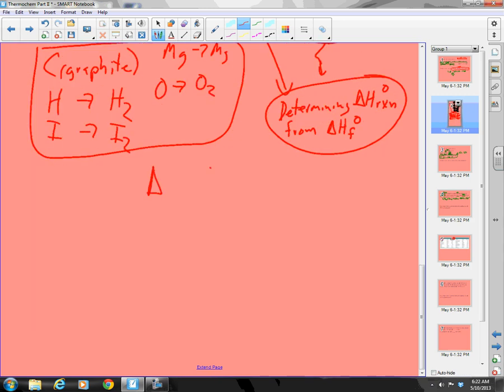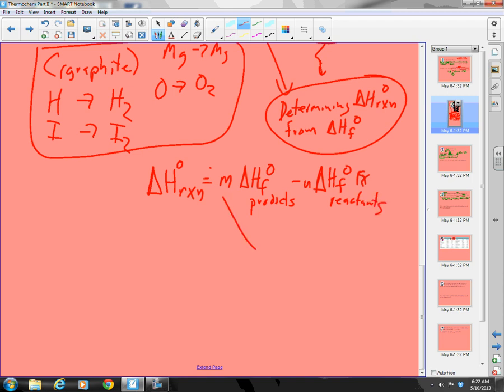Delta H of my reaction, standard heat of reaction, is going to be equal to m times the standard heat of formations for my products minus n times the standard heat of formation of my reactants.